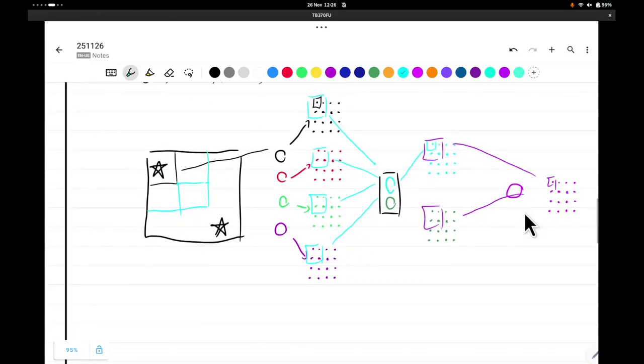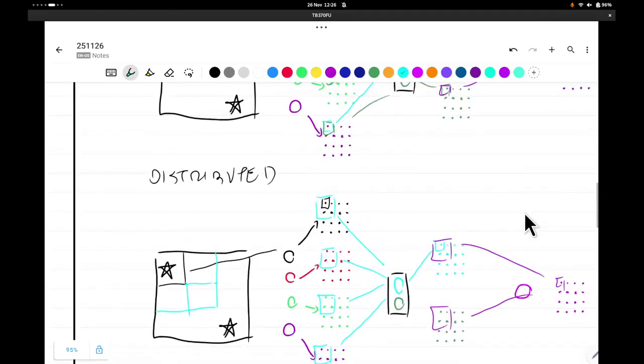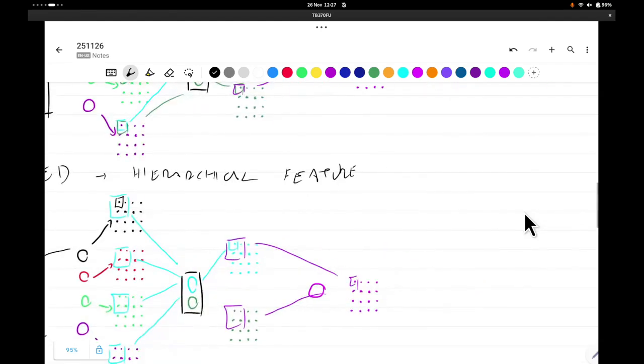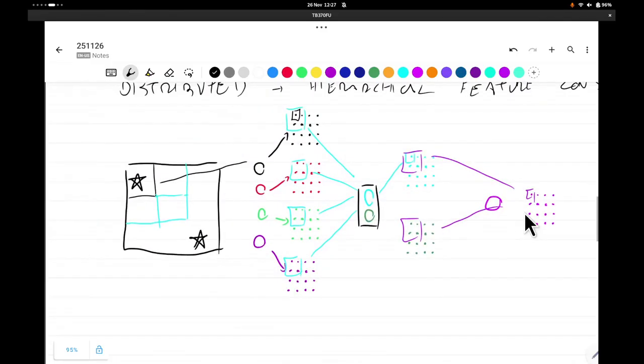And this is the so-called hierarchical feature construction that happens in a convolutional network in this sense.